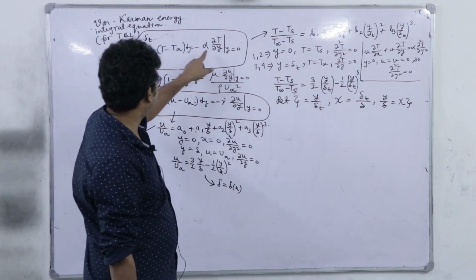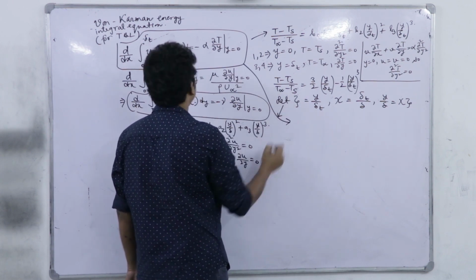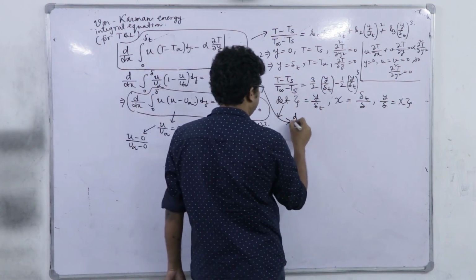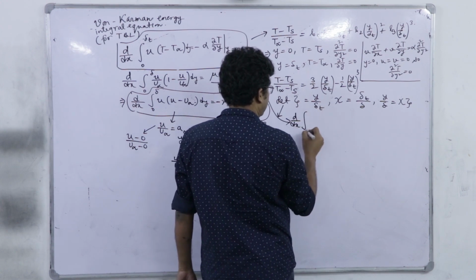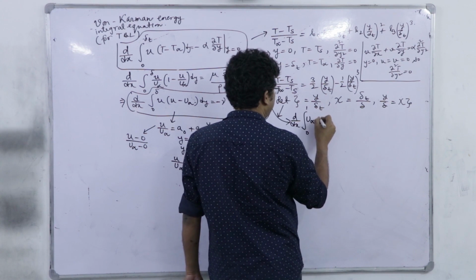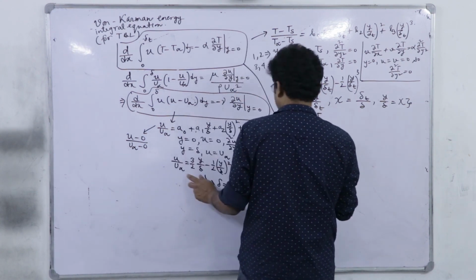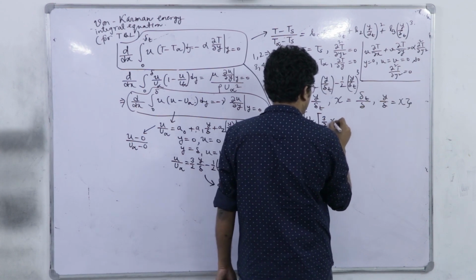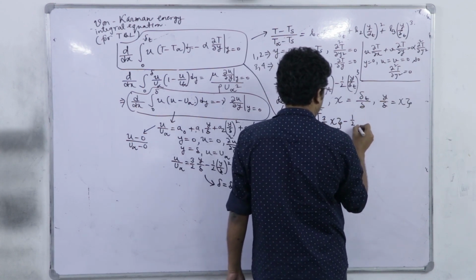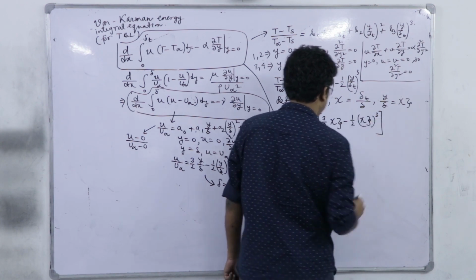So if I substitute it here, we get that d dx integral will be from 0 to 1, u is u infinity within bracket this velocity field, that is 3 by 2 chi into zeta minus half chi into zeta cube, right.